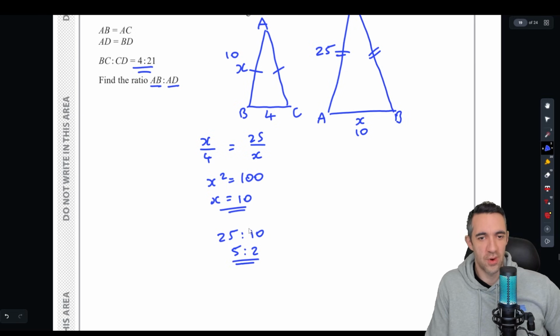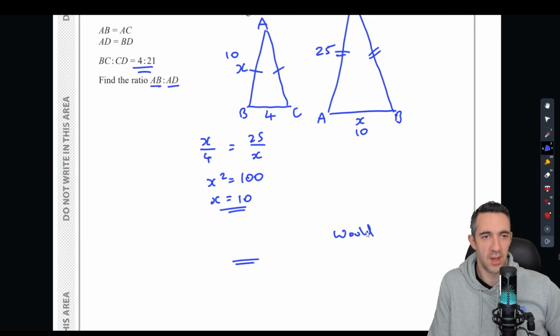But then if I write the wrong things down, would I maybe only get 1 mark? Surely there's 2 marks working out the 10. I'm going to play it safe. I'm going to make a note to check that. Would our ratio the wrong way round, 5 to 2, lose the final mark? I'm going to check that. We wrote our ratio the wrong way around. So let's just instead say we did 25 to 4.